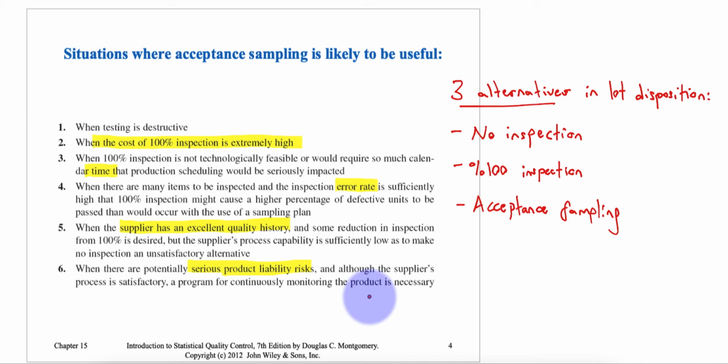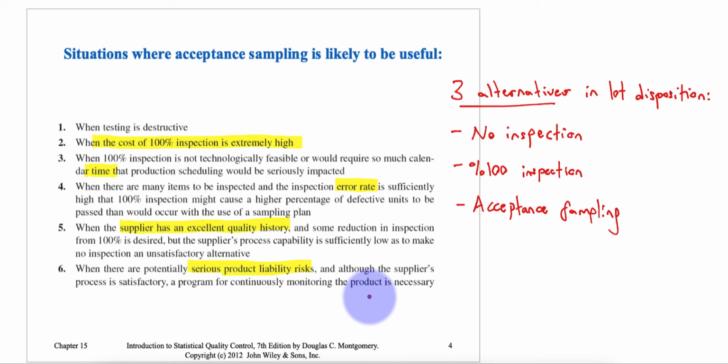And the fifth situation, maybe your supplier has an excellent quality history. Let's say your supplier is a Six Sigma company, for example, and you know that by their excellent quality history, you don't need to inspect all of the items in their lot. So maybe you can also go with acceptance sampling.